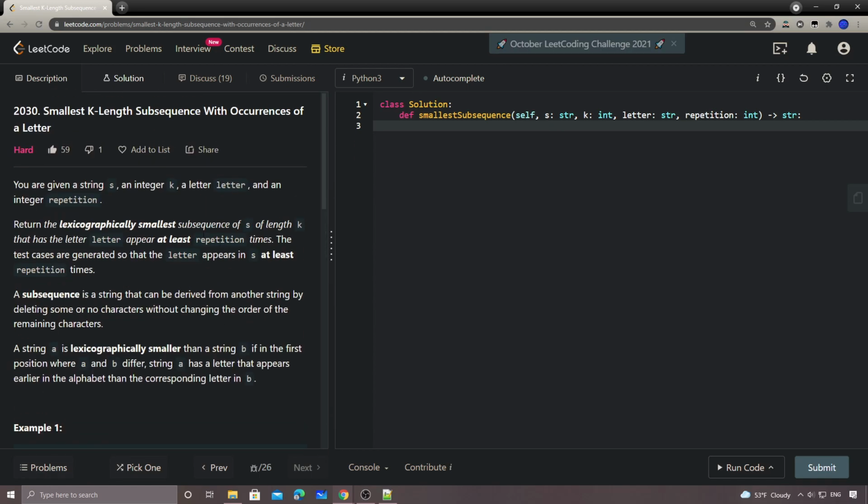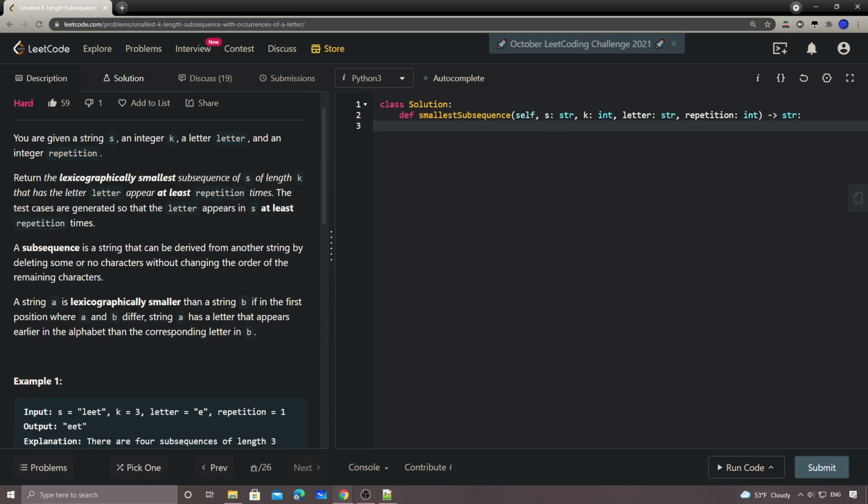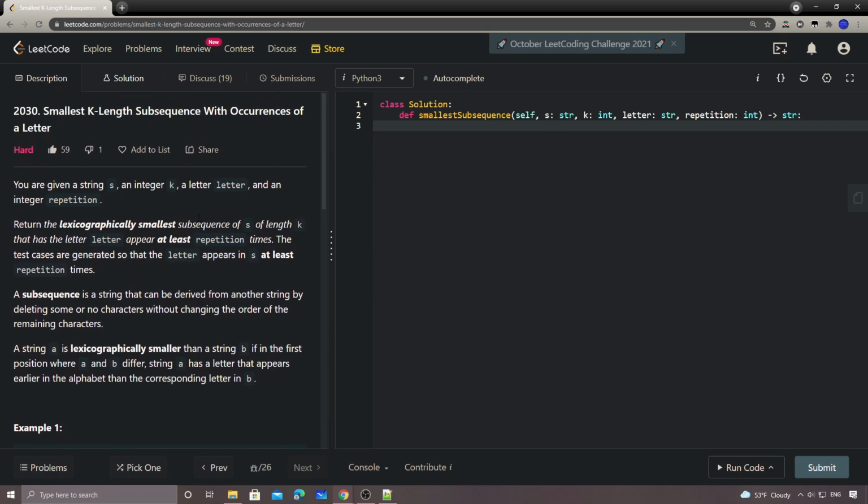So actually this one is very similar to problem 316. I think that's a medium problem. In there it's very similar. The only difference is that one is asking to find the subsequence in which each of the letters appears exactly once.